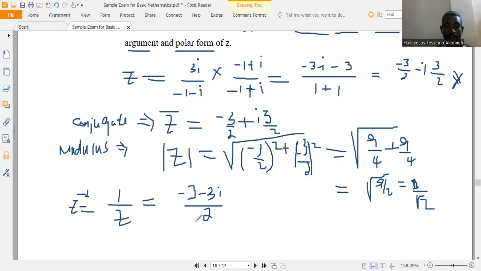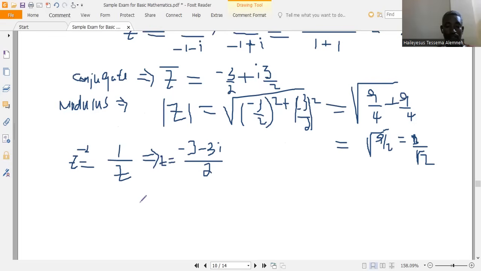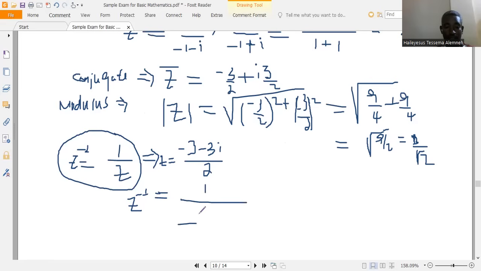So z inverse is 1 over minus 3 over 2 minus 3i over 2.